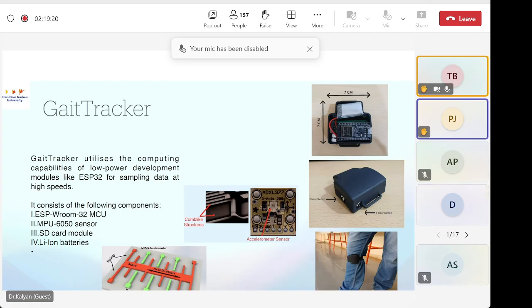So, I'll talk a little bit about what kind of components go into this device, and how we came up with the design, as well as how we came up with the idea of using these kinds of small development kits in order to sense or perform certain computations.